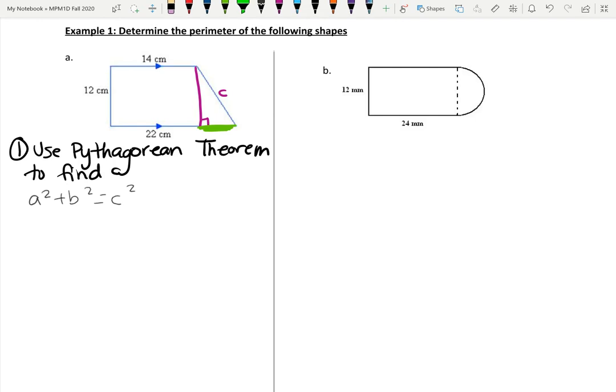So just to get what's highlighted in green, I'm going to take 22 and subtract 14, which leaves that highlighted green part. So my A is actually 8. And my B, which is this purple side, is the same side length as this, so 12 centimeters.